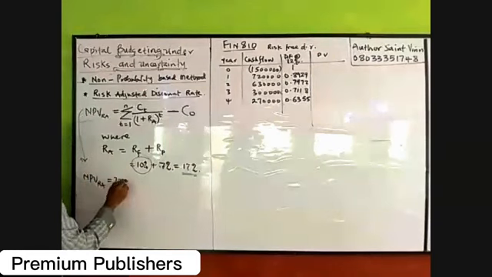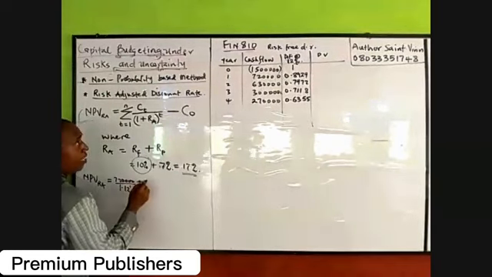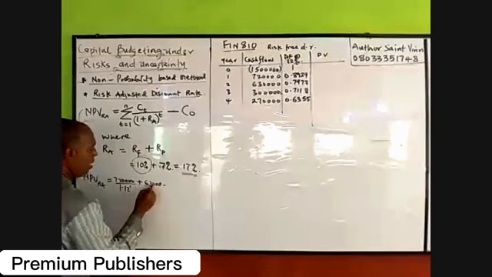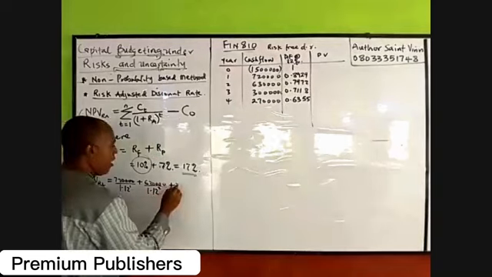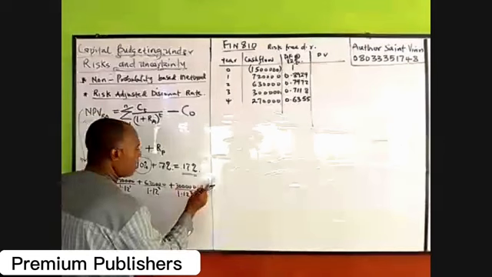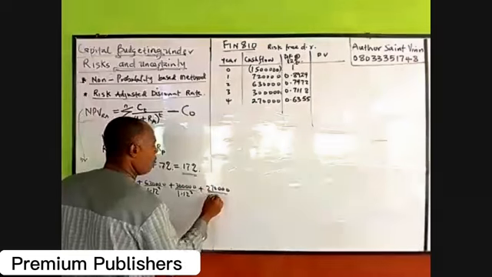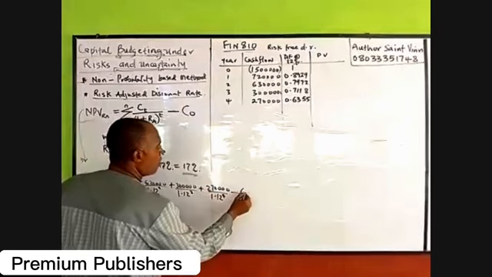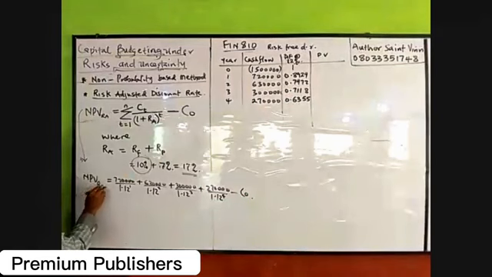It will be 720,000 all over 1.12 raised to power 1, plus 630,000, any method you like, plus 300,000 all over 1.12 raised to power 3, plus 270,000 all over 1.12 raised to power 4, minus CO. Sorry, this is the risk free. This is the 12% risk free.